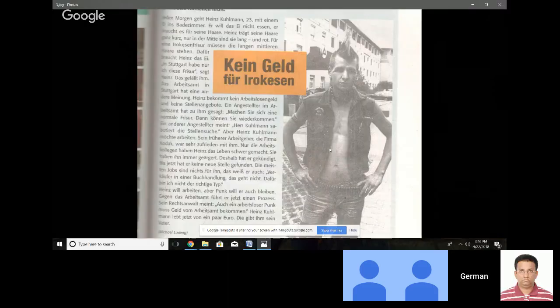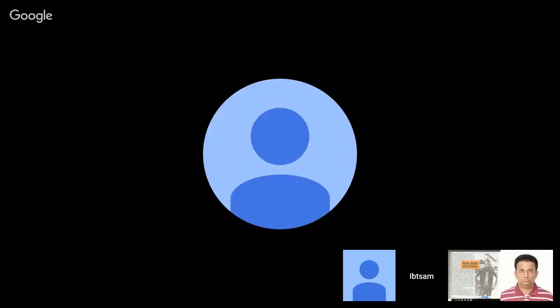Für eine Irokesenfrisur müssen die langen mittleren Haare stehen. For his Iroquois hairstyle, the long middle hair must stand.